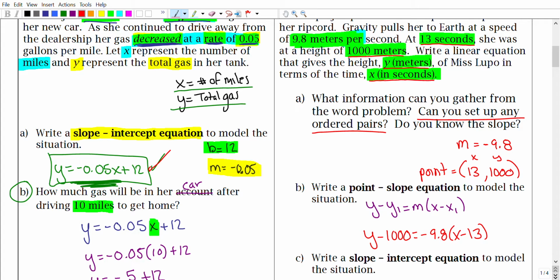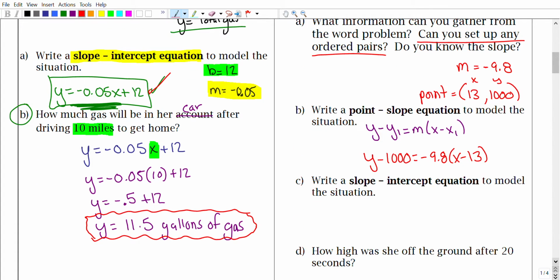Okay. Now, next thing says, write a slope-intercept equation to model this situation. Well, we already have a point slope, so all we really need to do is distribute and solve for y. So let's go ahead and do that. So we had y minus 1,000. So I'm just using the equation from up above.